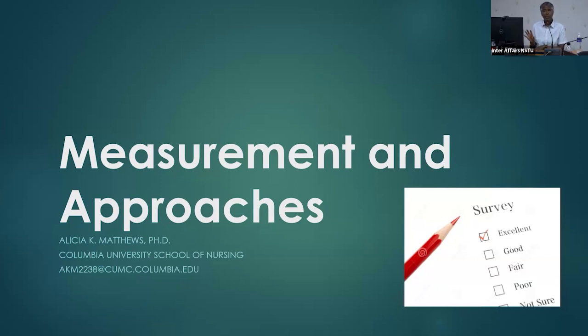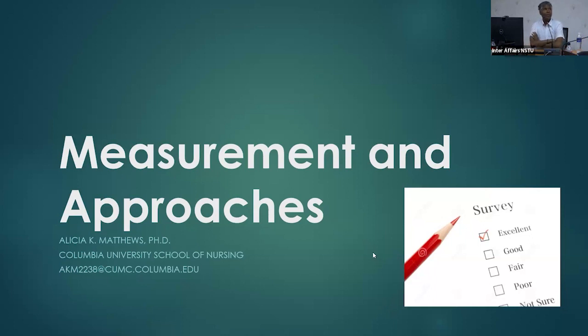And the way in which we rate and organize our survey instrument and the strategies that we use also have really strong implications for the validity of our data collection approaches. So let's get started today.